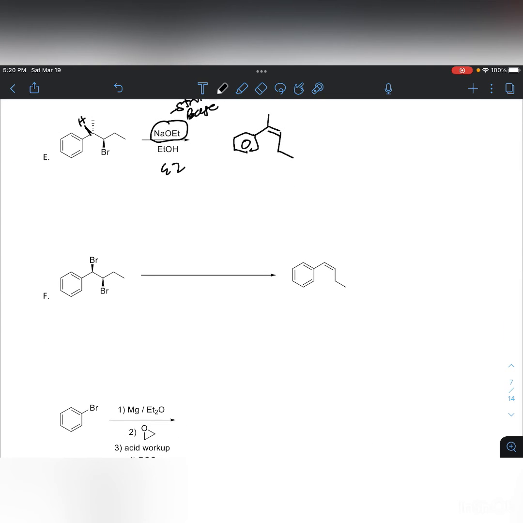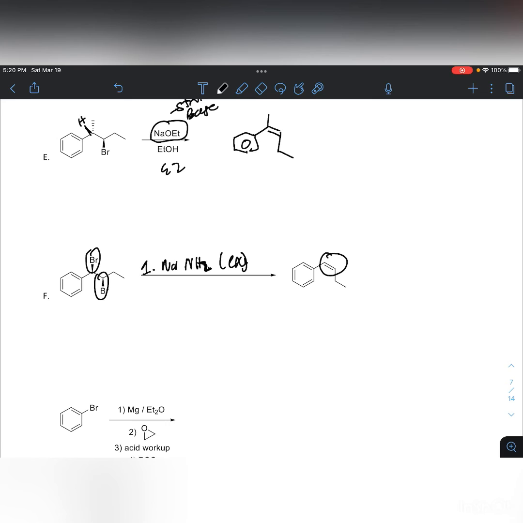So whenever you see F, you have these two bromines and you're going to replace them. And as a result, you're going to form an alkene. So this is going to be some type of elimination reaction. So for this, I will do sodium hydride and sodium, and I will use XX for this.